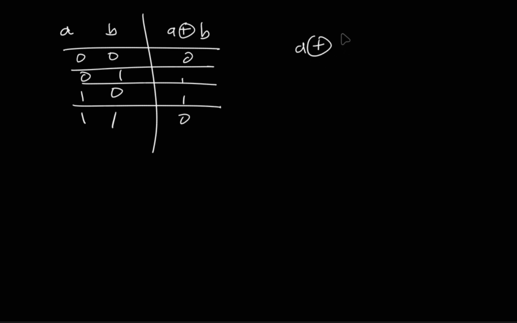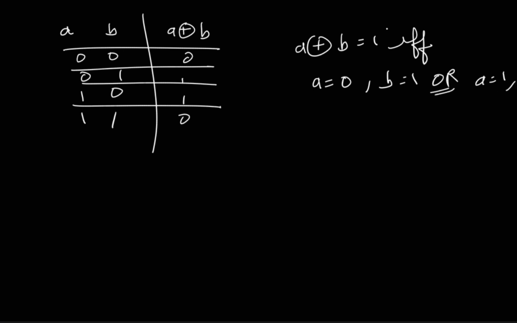This is 1 if and only if A equals 0, B equals 1, or A equals 1, B equals 0. So for A exclusive OR B, either this or this would be happening.